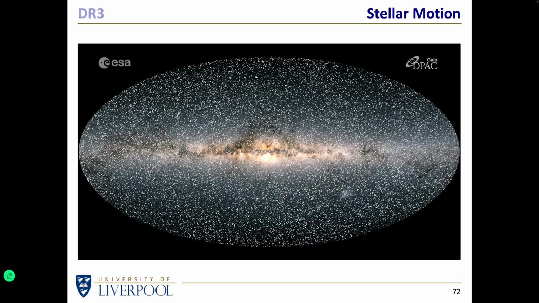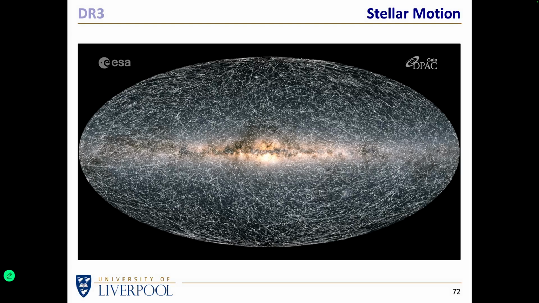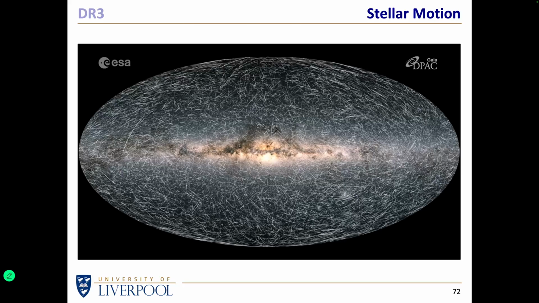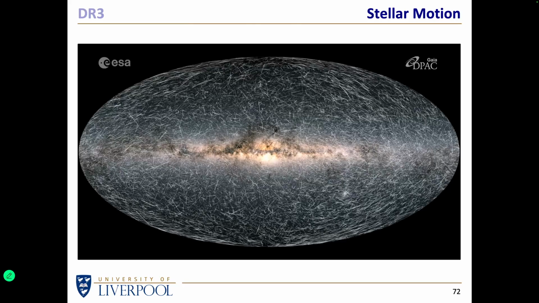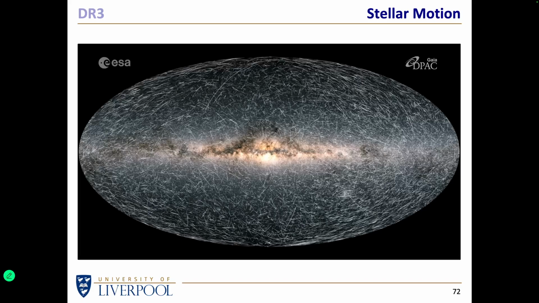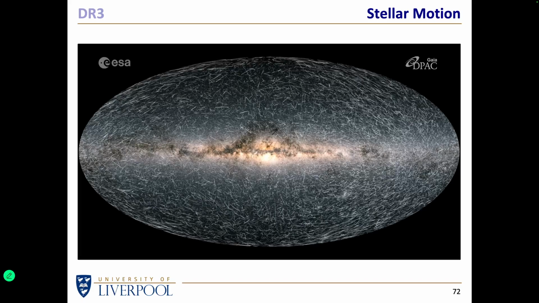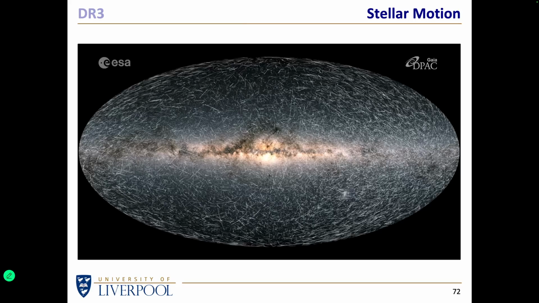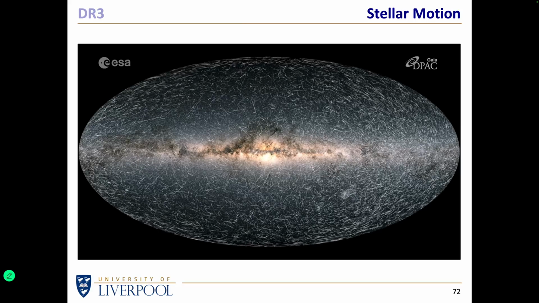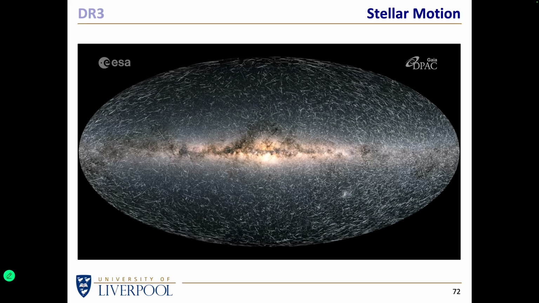Not only can we get an idea of how the galaxy is moving in terms of how stars are orbiting and rotating, because we can map out star motions, we can get an idea of how fast the stars are moving and in what direction they're moving. Are they all going around the centre of the galaxy in a nice sedate way, in the plane of the disk of the galaxy, in the plane of the spiral arms?